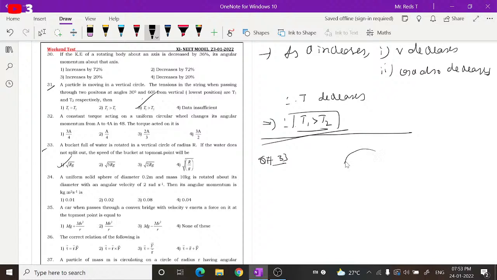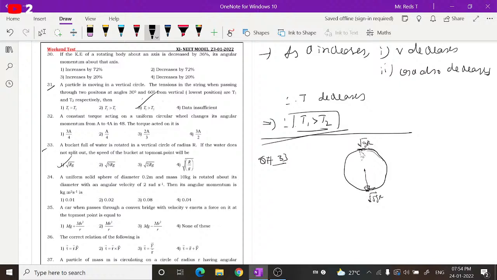If you are rotating a bucket like this, if it goes here, and the speed here is less than the critical velocity, that is root gr, then it will not go here. If it is to have root gr here, it should have moved with root 5 gr at the bottom.